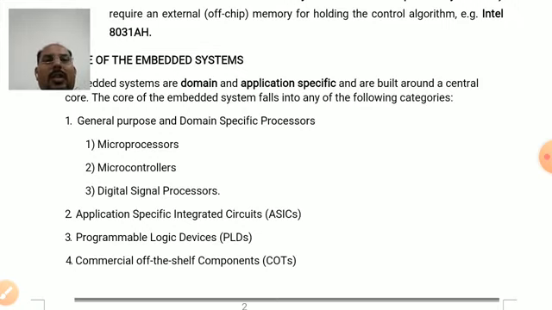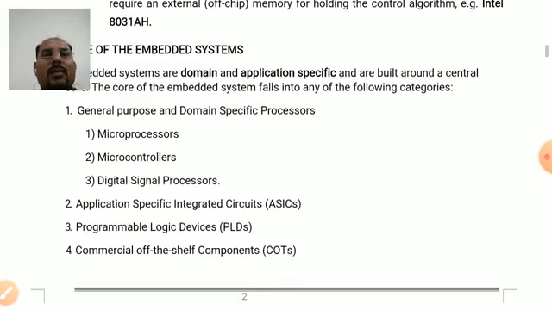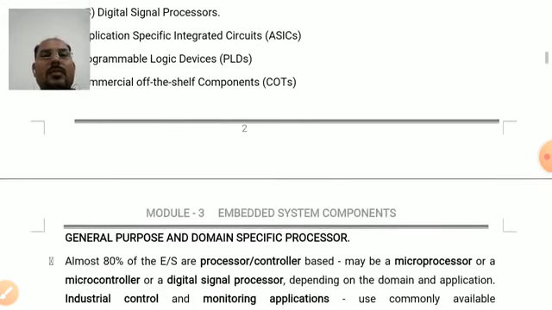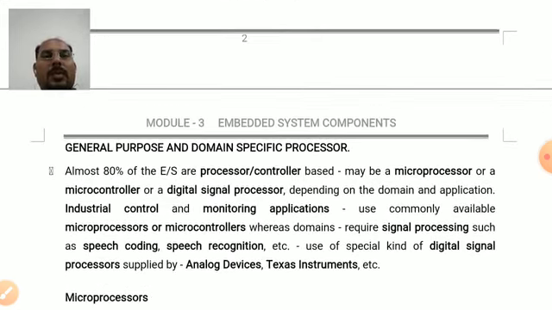Then we have application specific integrated circuits, then programmable logic devices, then commercial off the shelf components. In this video, we are going to discuss the first type, general purpose and domain specific processors.